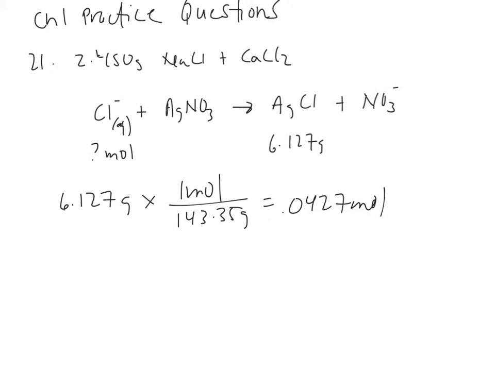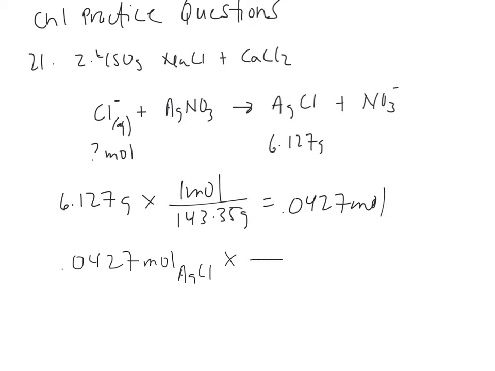So what I did next is different than the solution that they provide in the e-text. I took the 0.0427 moles, and that's of my AgCl. And I know that that came from three chlorine ions on the other side, one from the NaCl and two from the CaCl2.